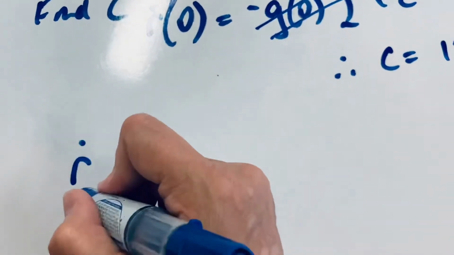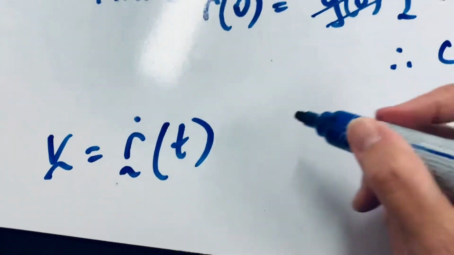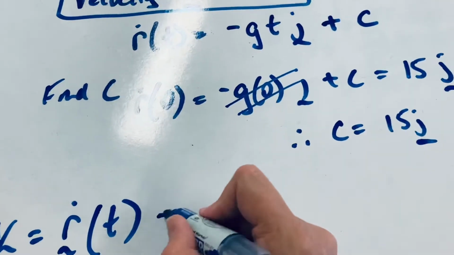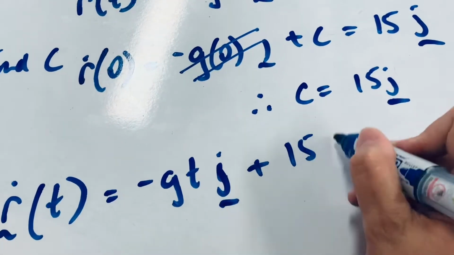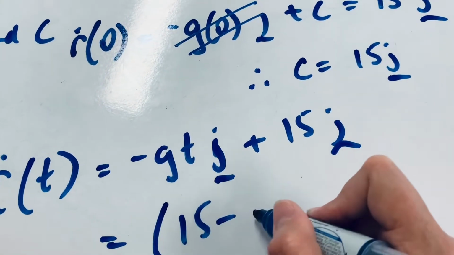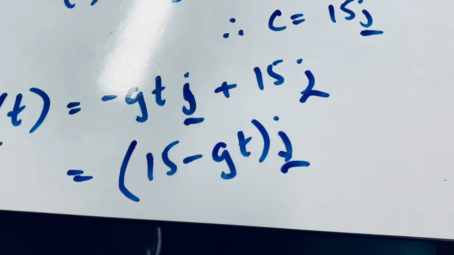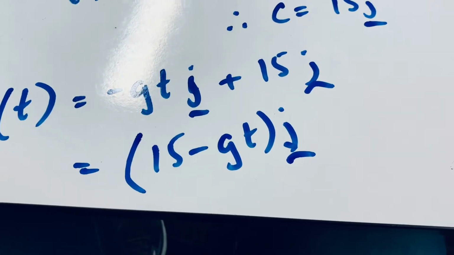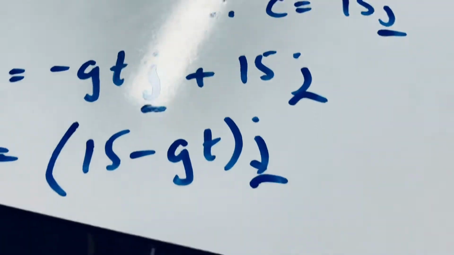So we can now write our velocity, v if you prefer, as negative gtj plus 15j. Put it all together in brackets: (15 take gt)j. You could leave it as negative gt plus 15, but it seems a bit nicer putting it that way. But either would be fine.